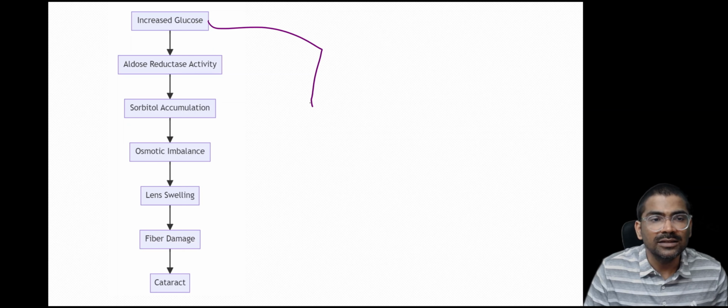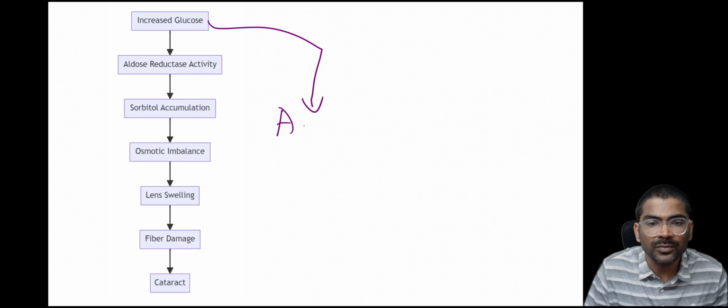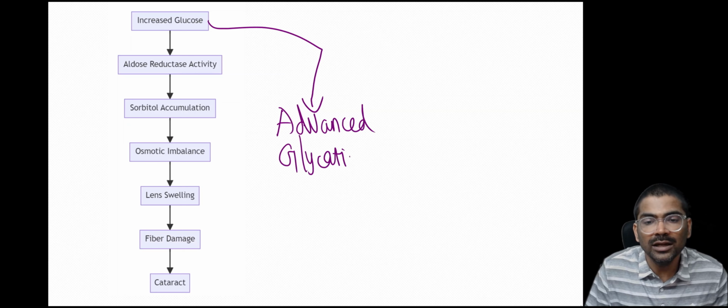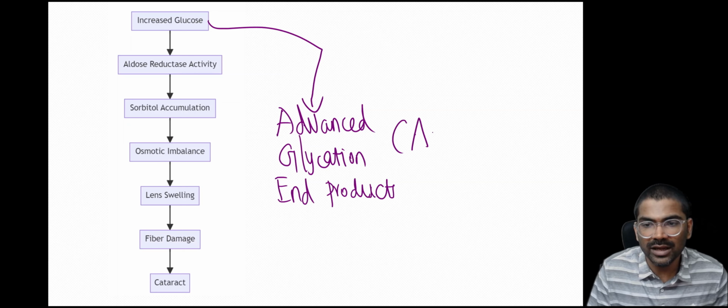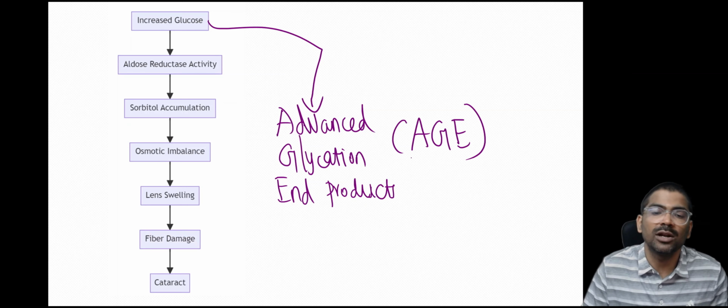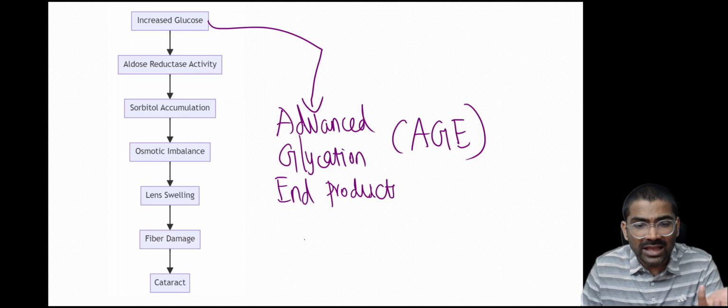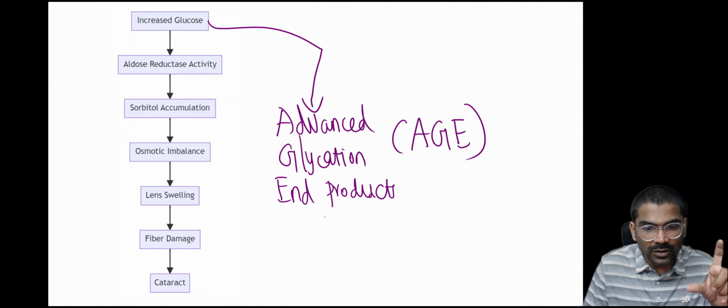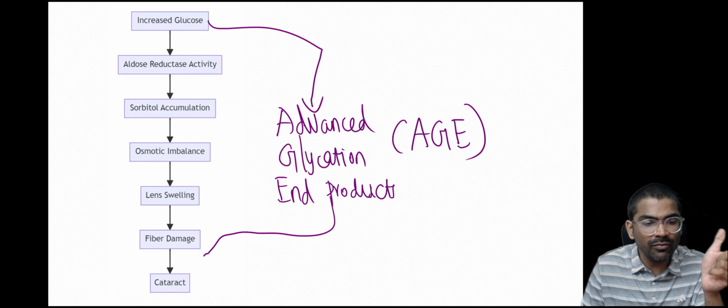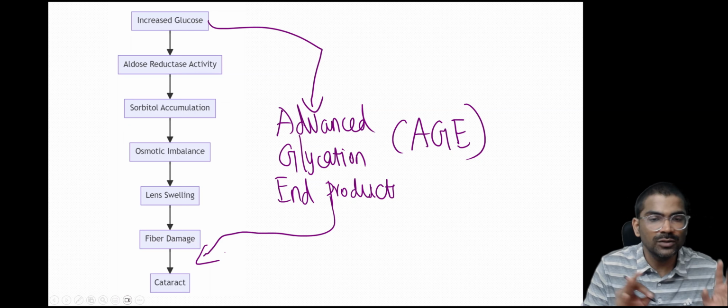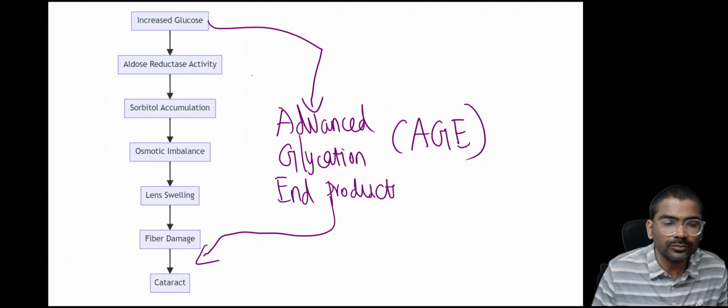The other reason is that increased glucose will also produce more advanced glycation end products. The short form for this is AGE, advanced glycation end products. So AGE will cause cross-linking of lens fibers, which will also lead to cataract.